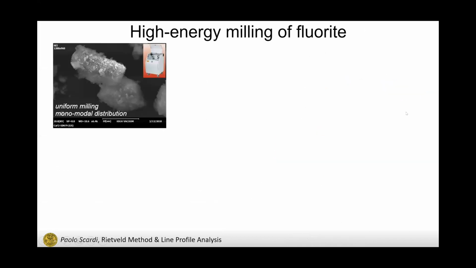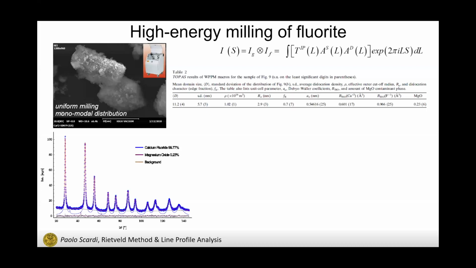The second case study is a nanocrystalline fluoride powder, which has been produced by high energy grinding in a planetary mill. The mean size is about 11 nanometers. As you see, the fit is quite good. We can even account for a little contamination from magnesium oxide. And you can read the dislocation density that we obtained, around 10 to the 16, quite a high value, and the cutoff radius.